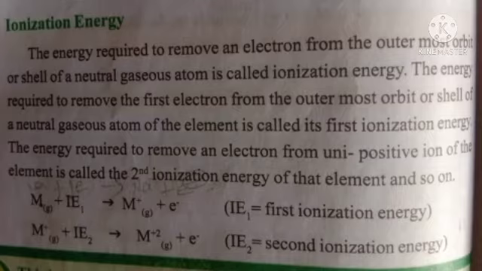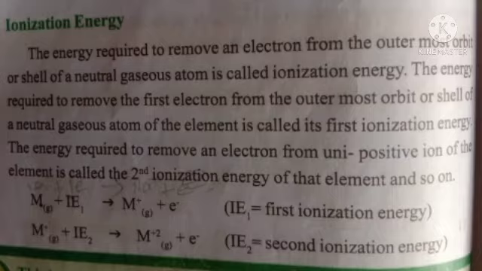The attraction between the nucleus and the electrons in the outermost orbital is more and the atomic radius also decreases. So more energy is required to remove another electron from that ion. Second ionization energy is more than the first ionization energy.